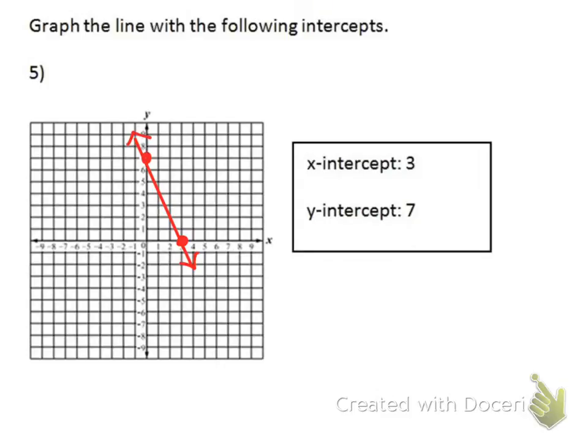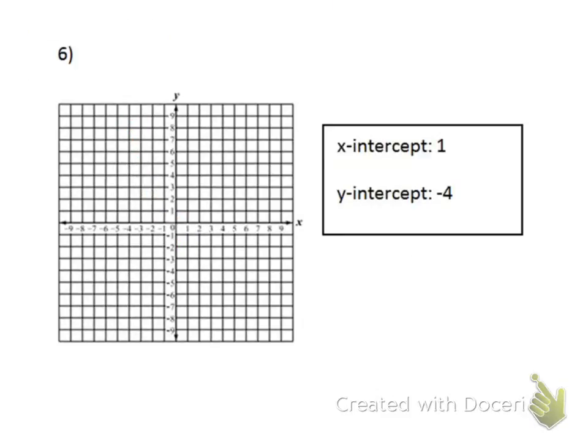All right, if there are no questions, let's go on to number 6. How do I graph an x-intercept of 1? Can someone describe that for me? Go right 1. So I'm going to go right 1 and put a point. How do I graph a y-intercept of negative 4?